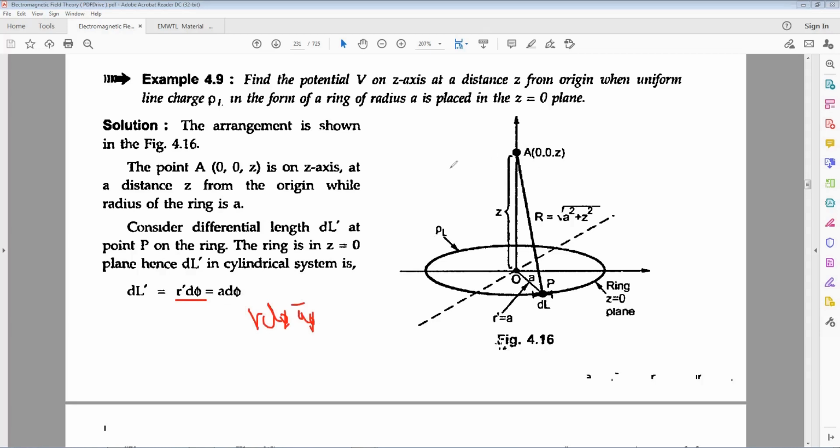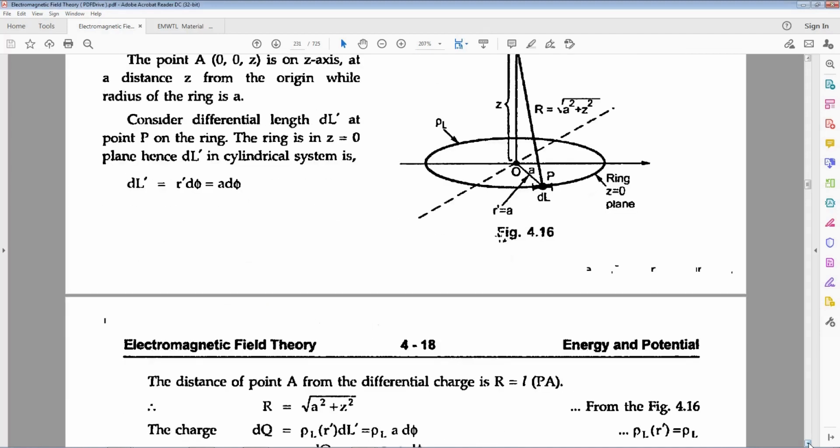Okay, a point on the Z axis means 0, 0, Z. And a uniform charge is distributed on this, which means the a R component is eliminated, my students, in the circular ring.